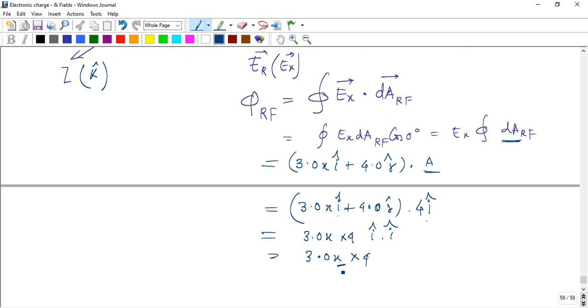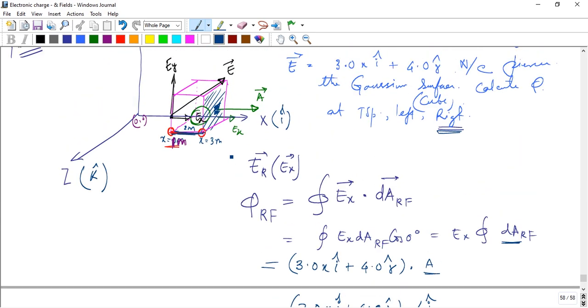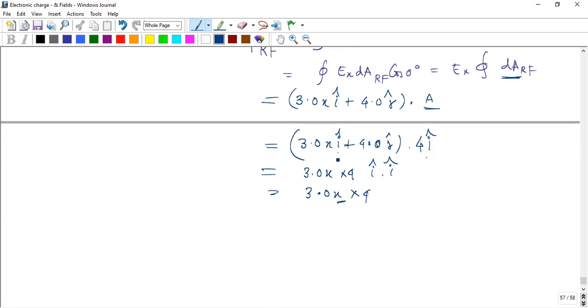That is important here. For the right face, the value of x is 3 meter. So 3 times 3 times 4 is 36, in Newton per coulomb meter squared. That is the answer for the right face.